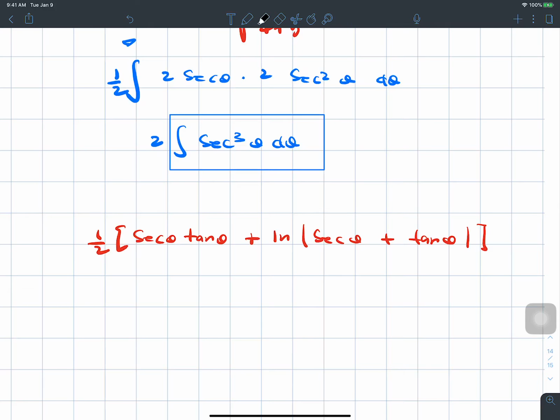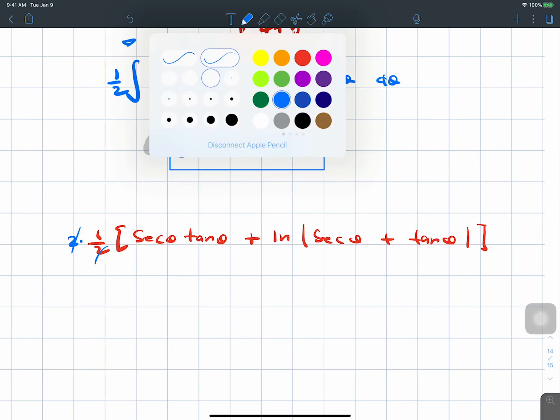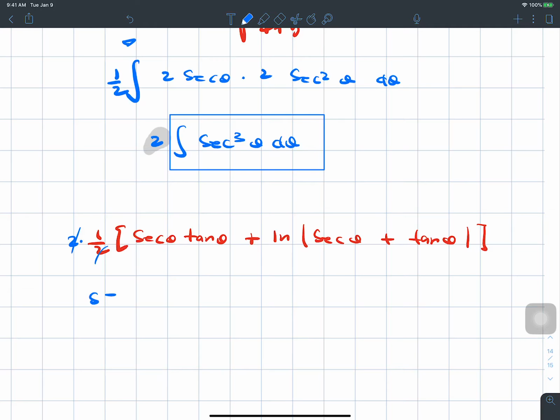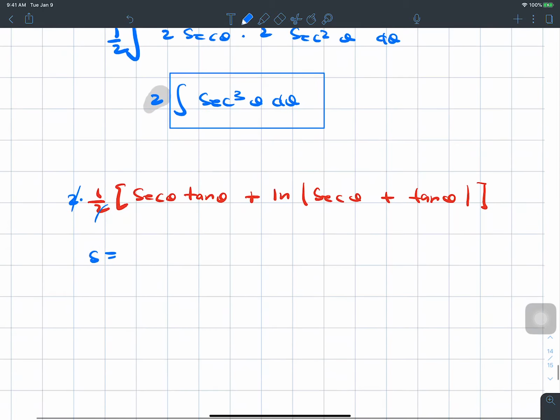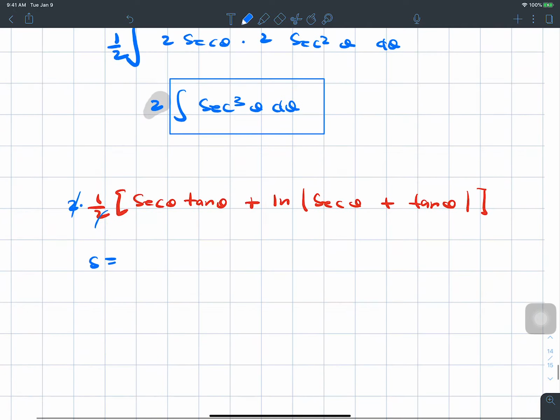And don't forget that 2 gets multiplied to the whole thing. So you get cancellation. So your arc length now will be secant theta, tangent theta, natural log, secant theta plus tangent.